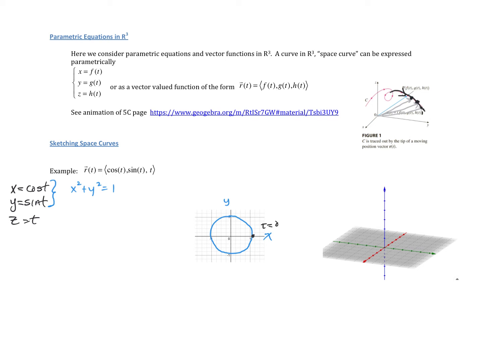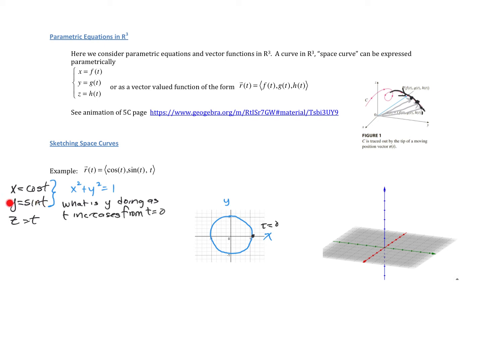What I want to know is from t equals 0, am I going up or am I going down? So I want to know what y is doing as t increases from 0. That's how we figure out the direction of increasing t. So what is y doing as t increases from t equals 0?